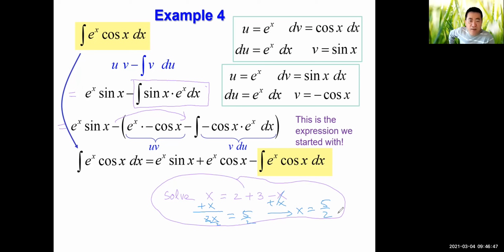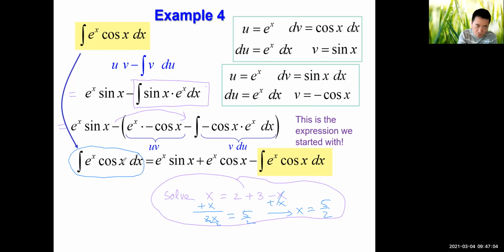Well, did you notice that this is almost the same as the one we just did? Here, the unknown is an integral, instead of an unknown variable.